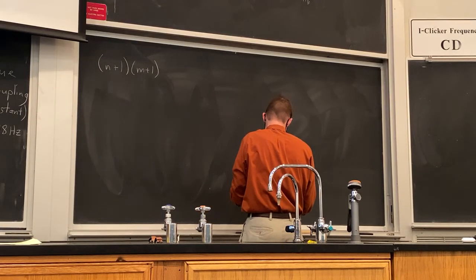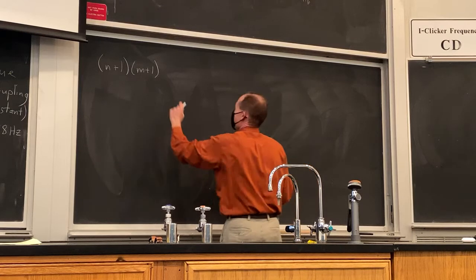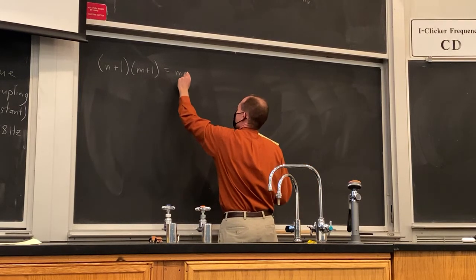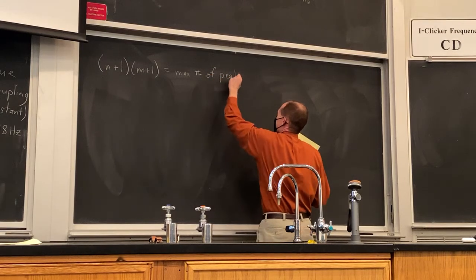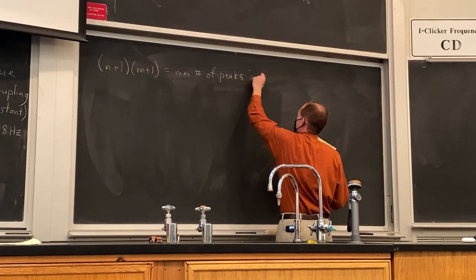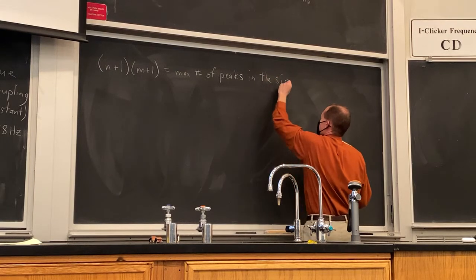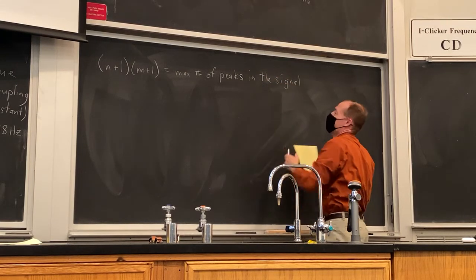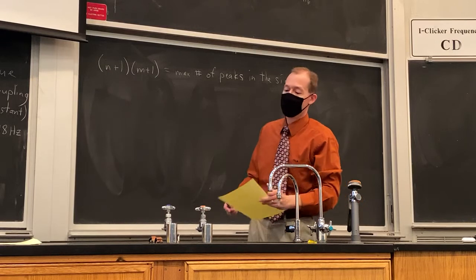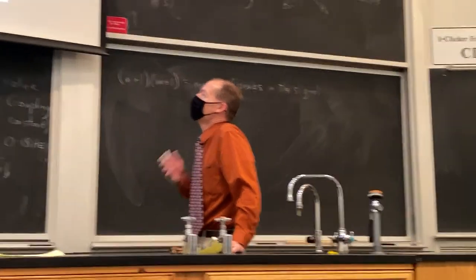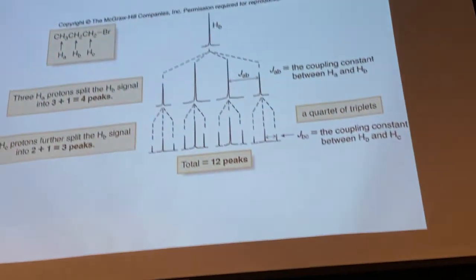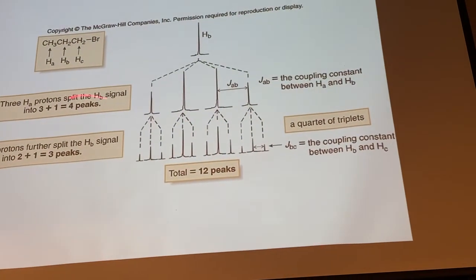And what that's going to tell us is the maximum number of peaks in the signal. Okay? So where we had 3 of one type of neighbor, n+1, that's going to be 4. 2 of the other type of neighbor, m+1 is 3. 4 times 3 is 12. We could see a total of 12 peaks in HB. Okay?